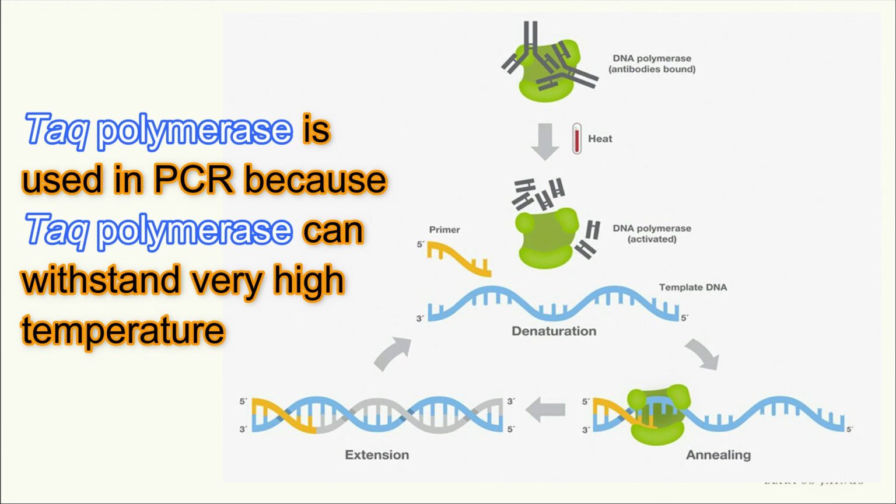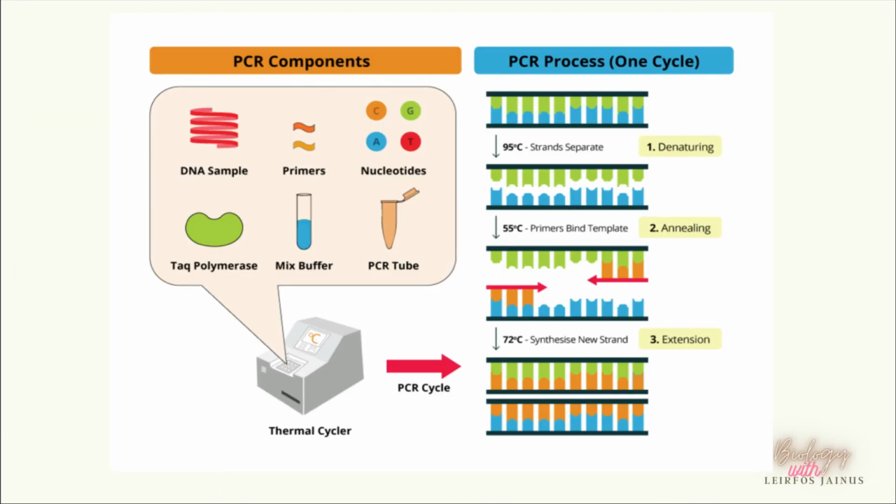PCR or polymerase chain reaction will involve the thermal cycling process. In some steps, the temperature needs to increase up to 95 degrees Celsius. The thermostable enzyme Taq polymerase is useful in this process.